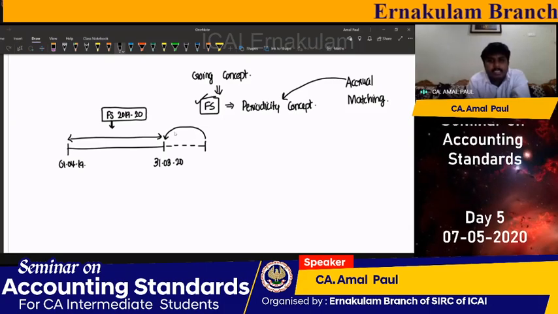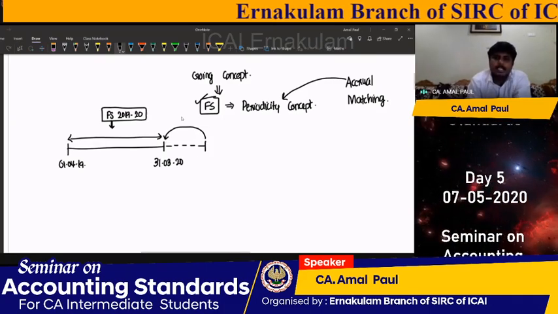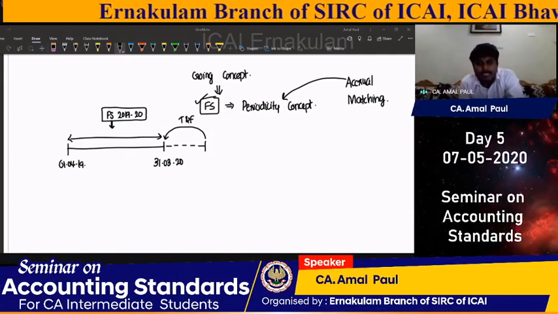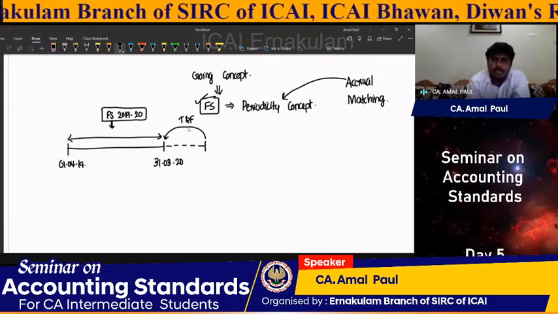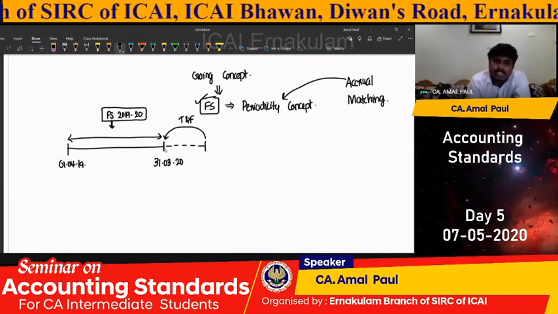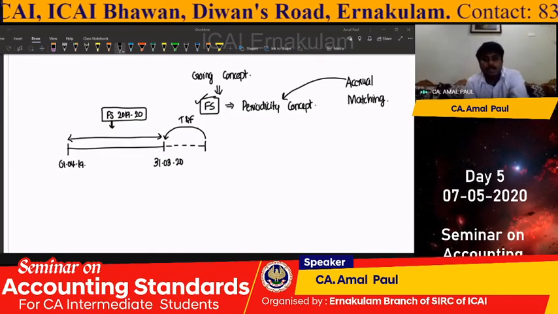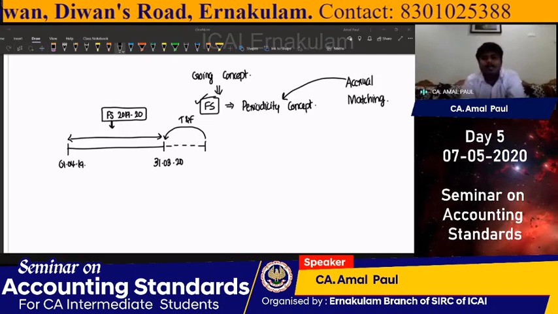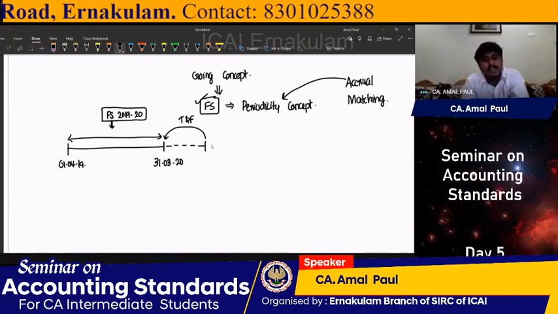Only if we adjust the impact of those items will our financial statements reflect a true and fair view. Therefore, we have to adjust certain events which happened after the balance sheet date also. How should we do that? For which items do we have to make this adjustment? That is what is given in the standard.